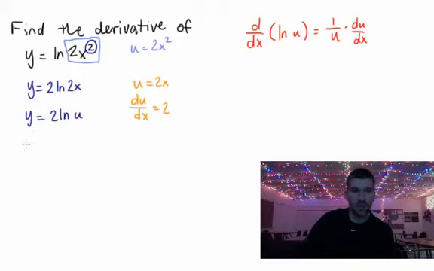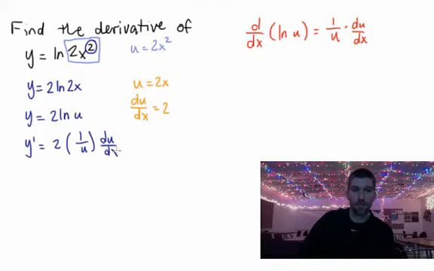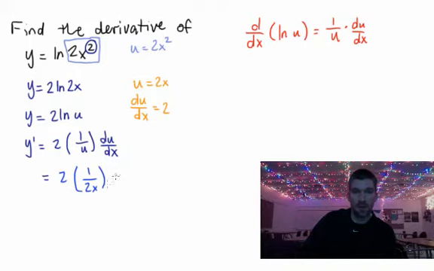So now I take my derivative. y prime is equal to 2 times 1 over u times du/dx. Now substitute in all the goodies, and that's going to give me 2 times 1 over u, and my u in this case was 2x, so 1 over 2x, times the derivative of that, which is 2 over 1.